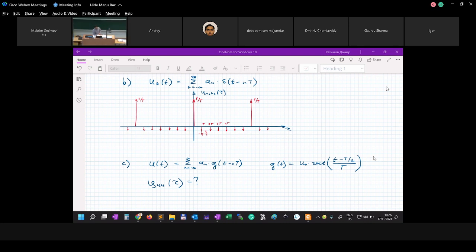No, you don't need to get the power spectrum. You just need to somehow modify this form. Then everything becomes super easy. It's not difficult. Someone open a microphone. Do we have an answer?